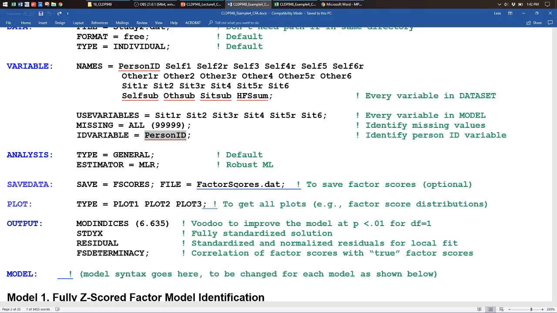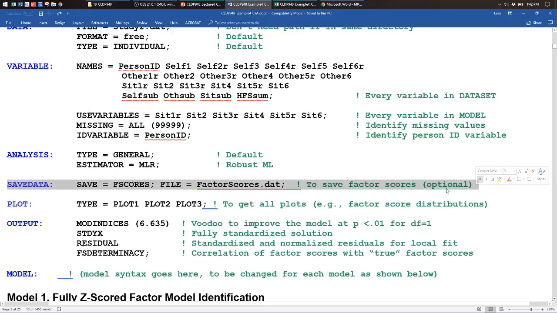No. Nope. This is just if you want to make pictures or otherwise describe what's going on. That's what this line does right here, this SAVEDATA. It estimates factor scores. You don't need that. I just wanted to put it in here to show you what would happen if you did ever want to do that.